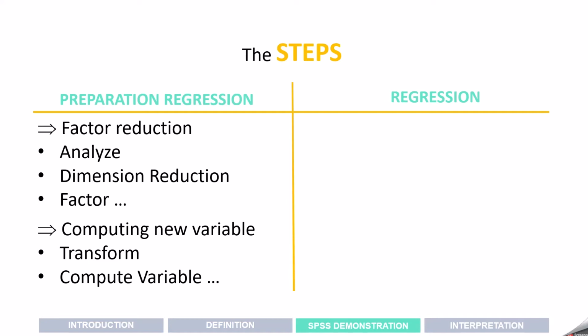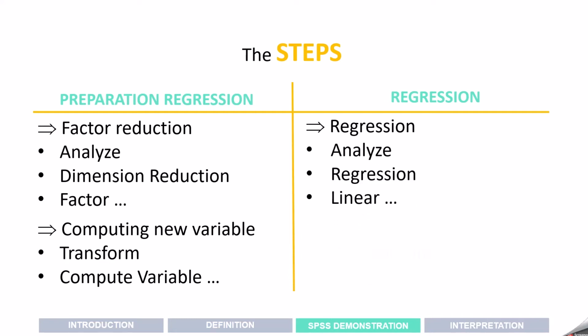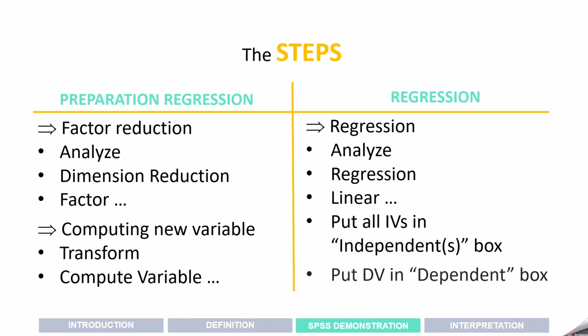As we hit transform, we compute a new variable by taking the mean, and then we can use those variables for regressions. And here are the steps for regressions. Now I'll show you in the SPSS window.